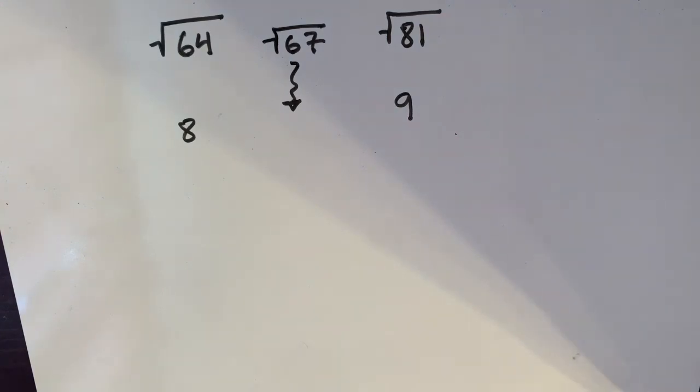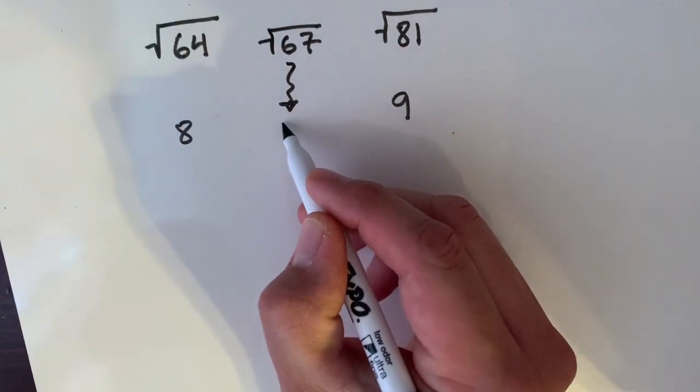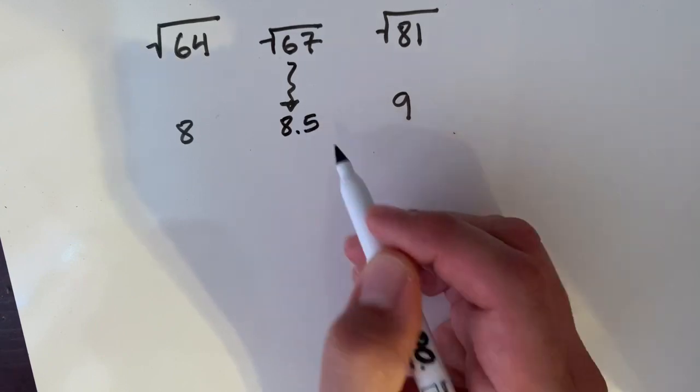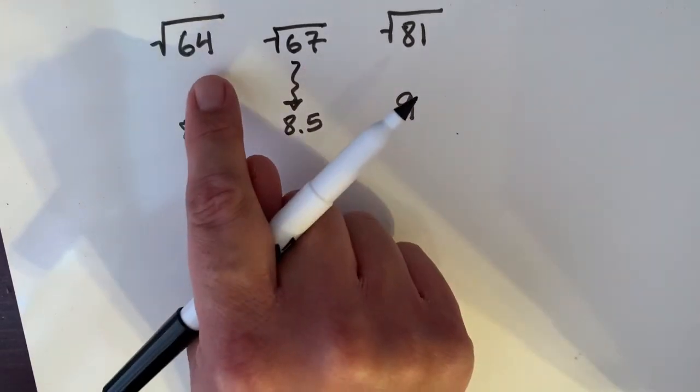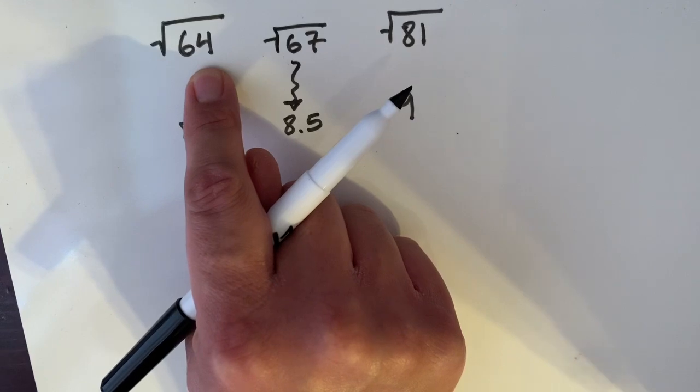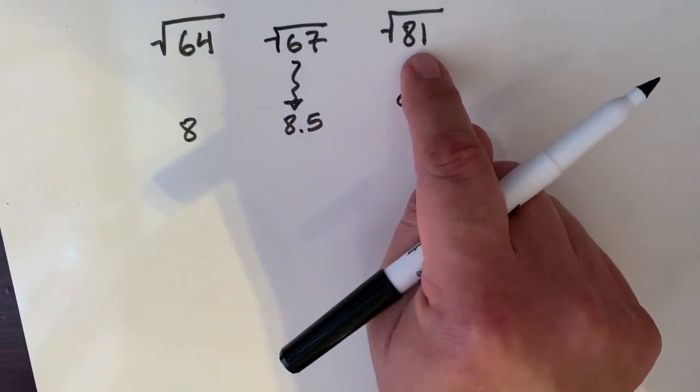So most people will go with 8.5, right? Because the number between 8 and 9 is 8.5. However, those are people who are not thinking the entire way through. Because 67 is considerably closer to 64 than it is closer to 81.